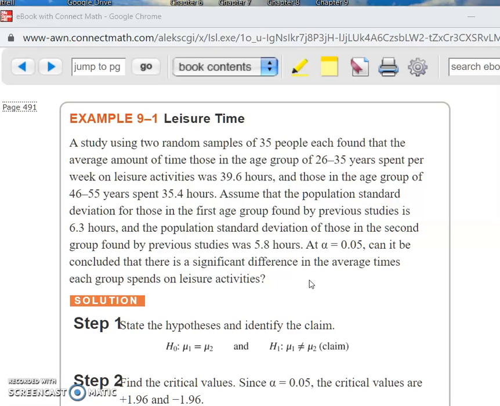Well, we cannot possibly test everybody that's in either of those two populations, right? I mean, it would be impossible. So what we do is we take a sample from each of those and we run the statistical test. Now, if there is a statistically significant difference between the two samples, then we say the two populations are different.